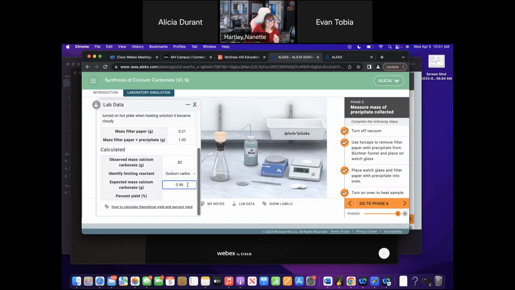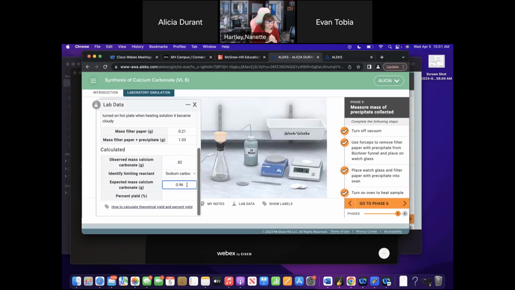The 0.96. Well, percent yield is going to be your actual divided by your theoretical times 100, because you want to compare how much you actually made to what you were supposed to have made and see what percentage that was.